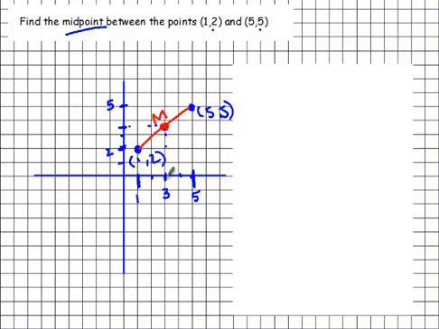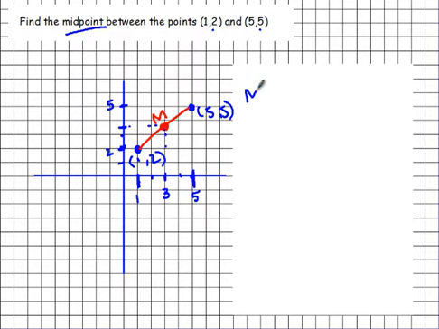Now, once again, we don't want to always have to draw the graph. We don't want to have to go, oh, it's thereabouts. What we want to find is halfway between these 2 points, here and here. Now, if you think about finding halfway, what we're actually going to do is find the average of our 2 points.